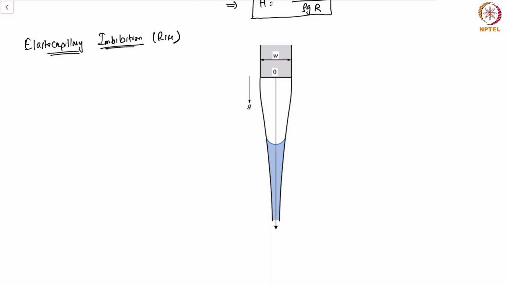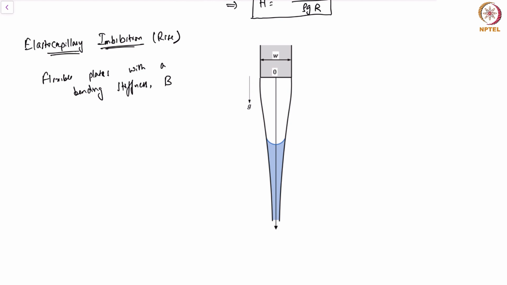Let's consider two parallel flexible plates with a bending stiffness. Let's call it B. We could even write it in terms of the elastic modulus and the moment of inertia. I will call it B for now.